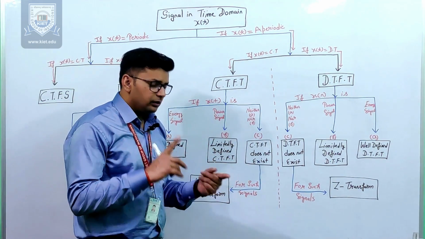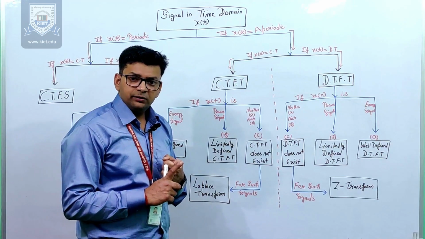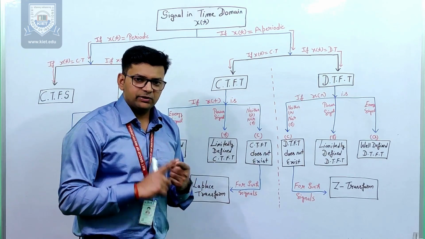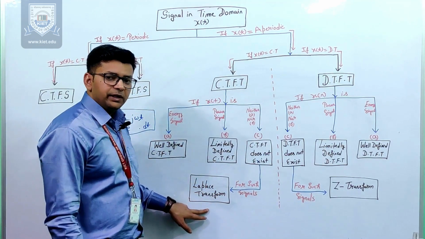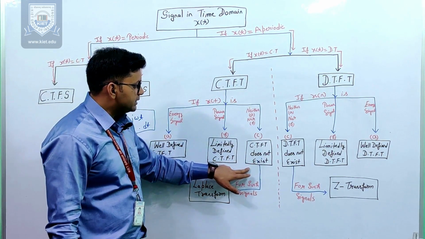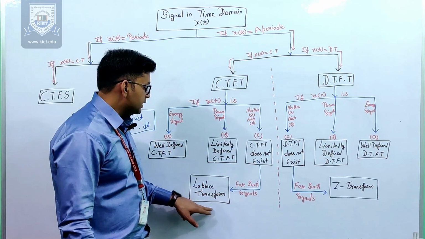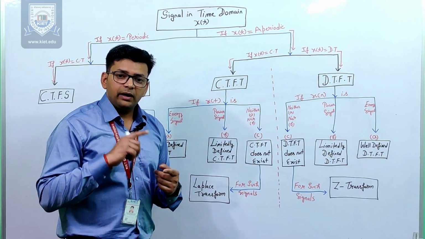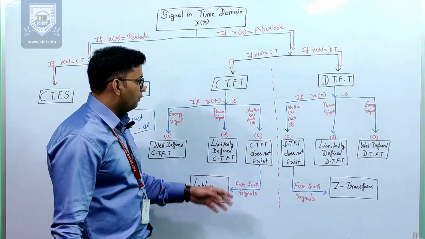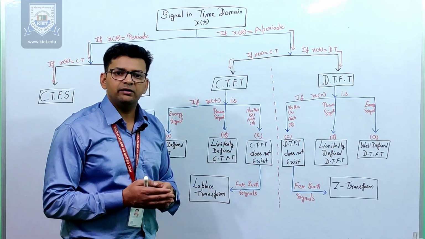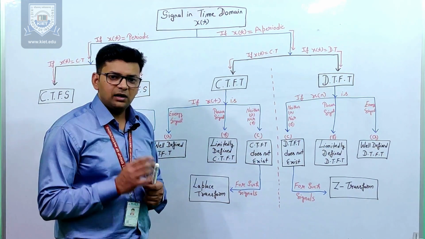Now there are other two transforms that came into picture which deal with the failures of these transformations. First of all, Laplace transform came to overcome the limitation of continuous time Fourier transform. Laplace transform explains the frequency domain representation of unbounded signals, but within some region of convergence, that is known as the ROC.